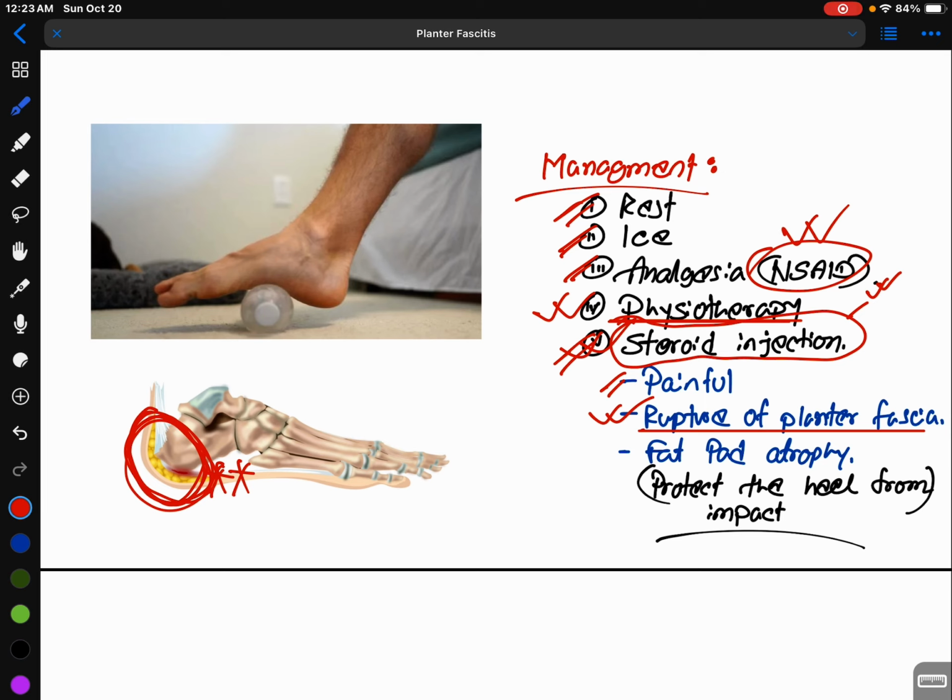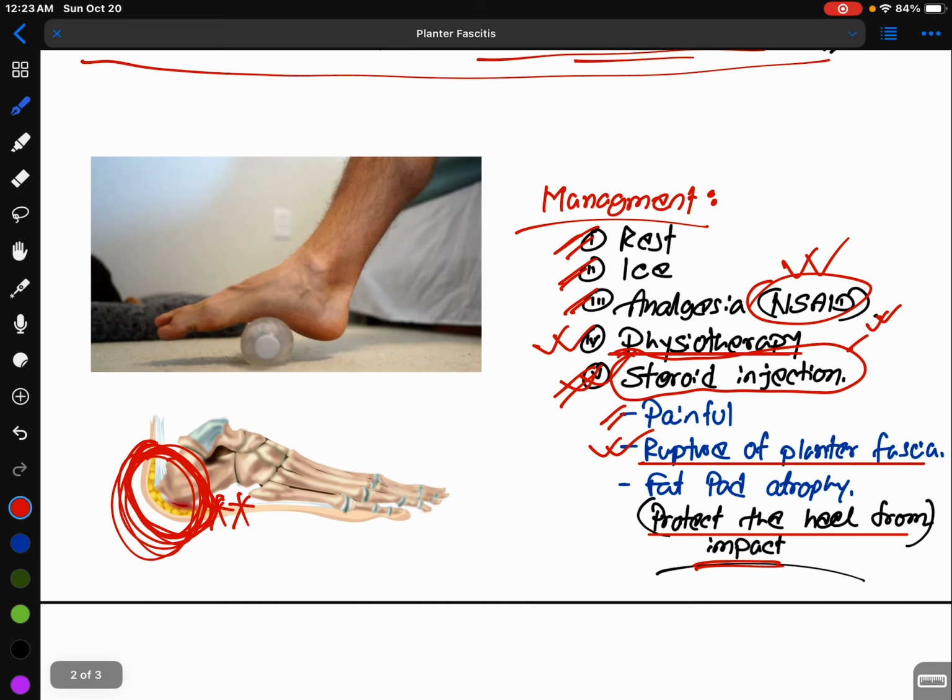What is the function of this fat pad? It protects the heel from impaction, and it can atrophy if someone repeatedly uses steroid injection for plantar fasciitis. So it's wise to avoid this. Better is physiotherapy.